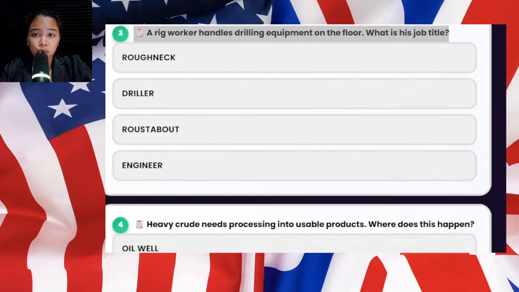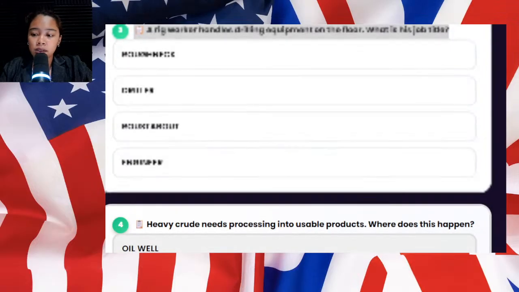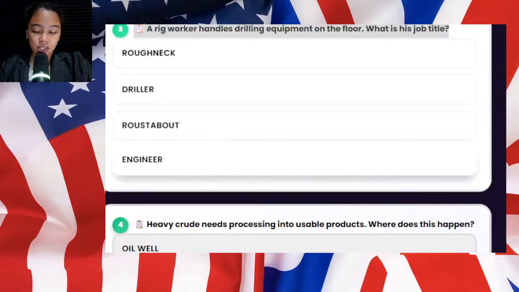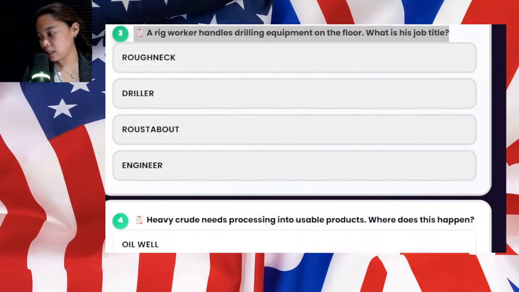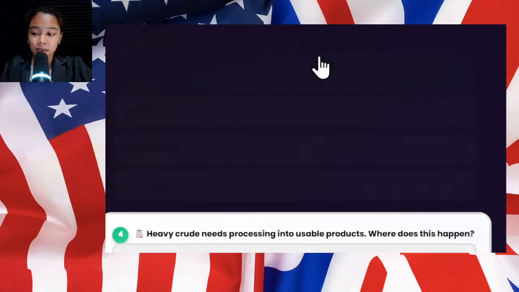Both refer to workers or laborers. So both refer to a person, but in the question it specifies a worker that handles drilling equipment on the floor. What do you think is this job? I think we already mentioned it in the previous exercise, right? This is what we call roughneck.